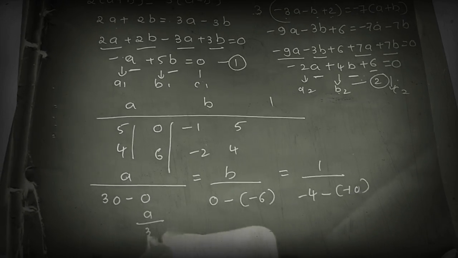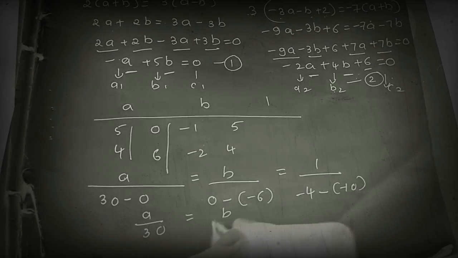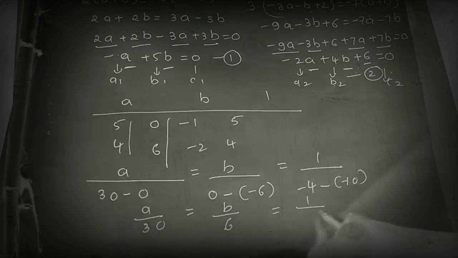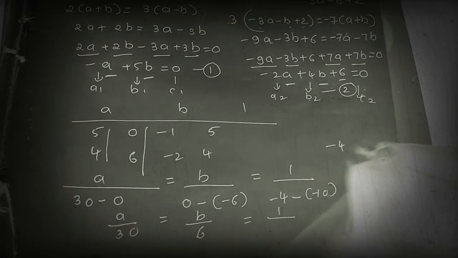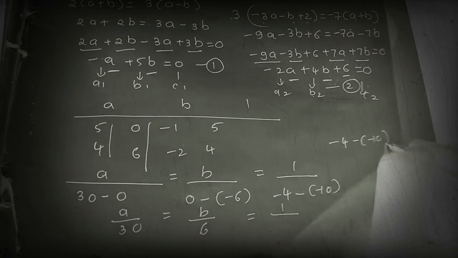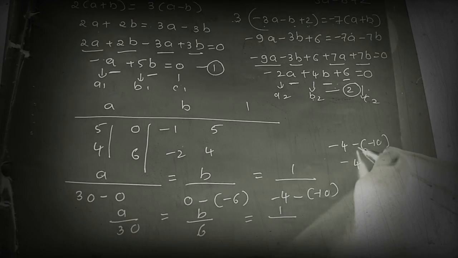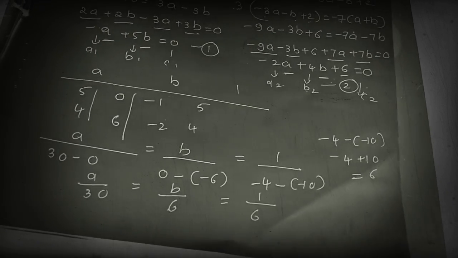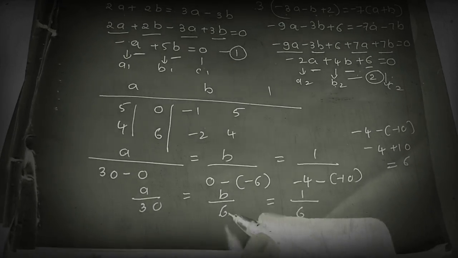So a upon 30 equals to b upon minus minus plus, that's plus 6 equals to 1 upon 4 minus 4, minus minus 10, so minus 4, minus minus is plus, so it is 6.